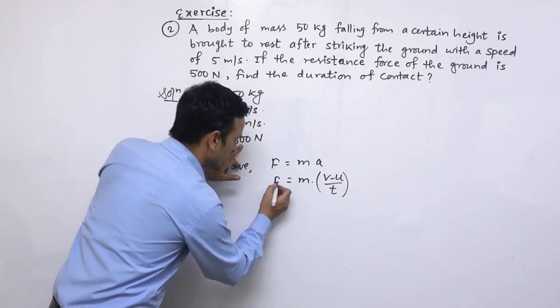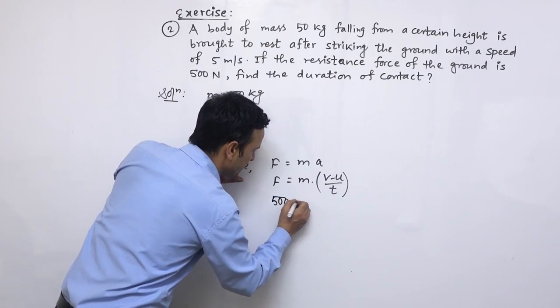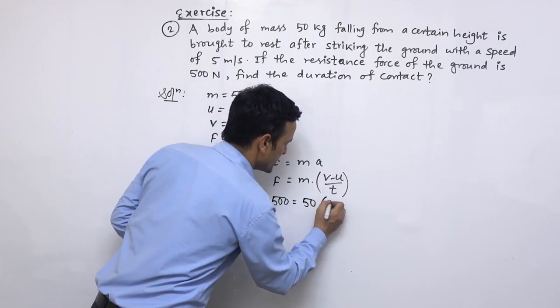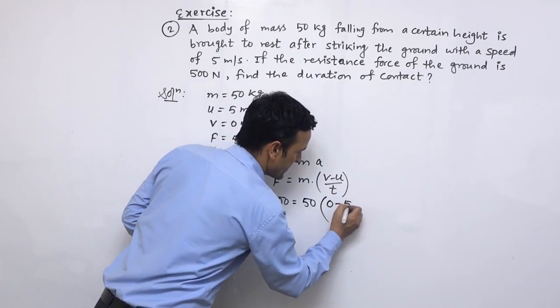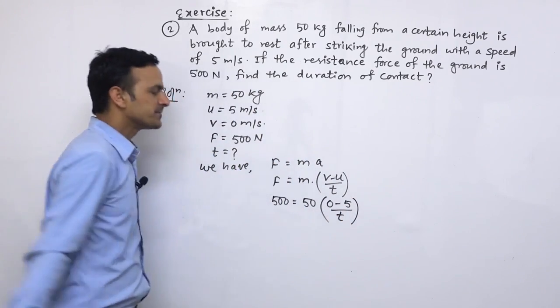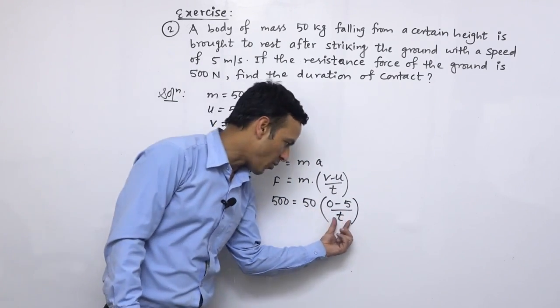So we can write down the force is 500, mass is 50, v is 0 and u is 5, divided by time. Time is unknown here.